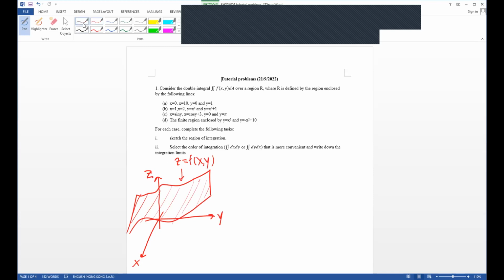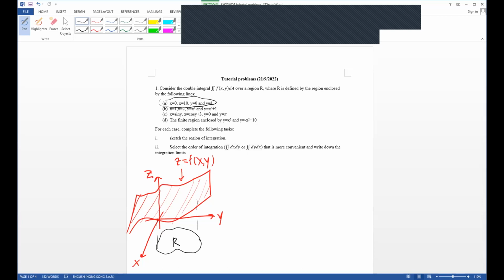Suppose I give you this boundary. I want you to first draw the region of the integration, and then write down the integration limit. So this is the region R.